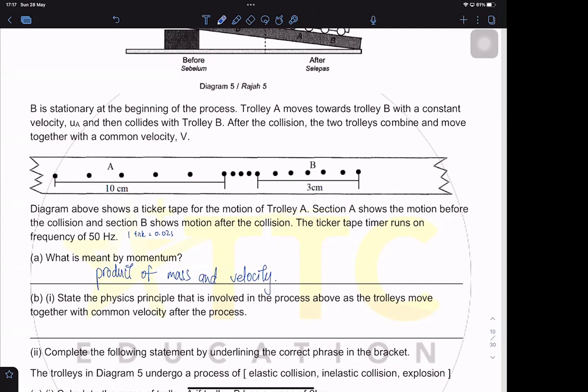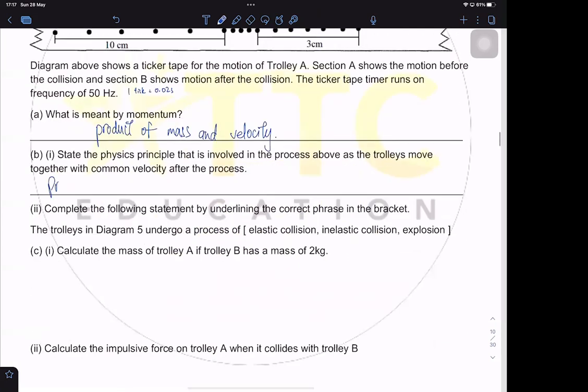It's going to be the principle of conservation of momentum. Don't write conversation, write conservation. Because momentum only has one principle. So if there is a question about momentum and it asks for the physics principle, confirm it's going to be this one. There's no other principle.